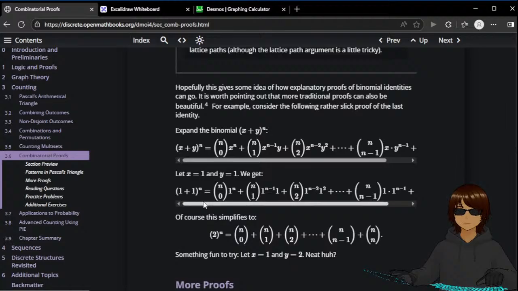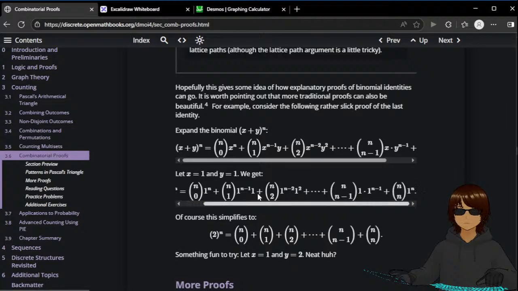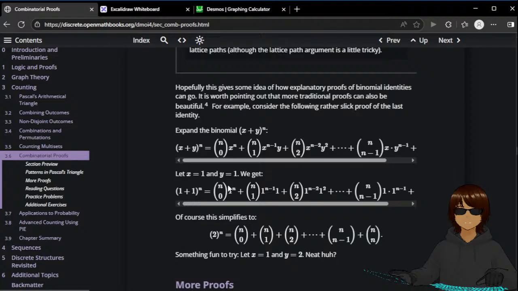We get, oh, we can do this. Of course, this simplifies to 2 to the power of n. I could have just used the binomial theorem.